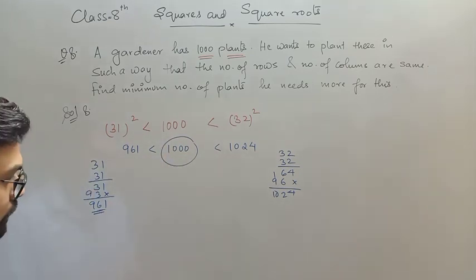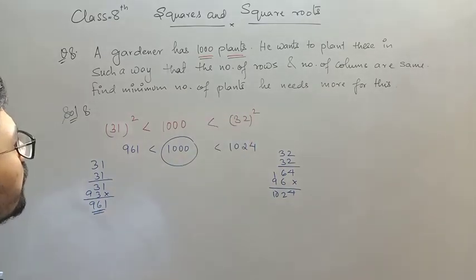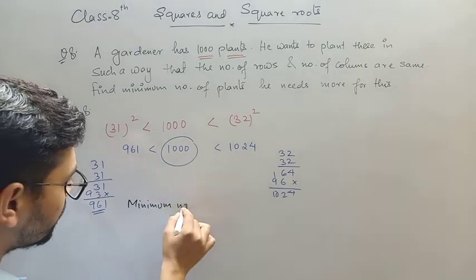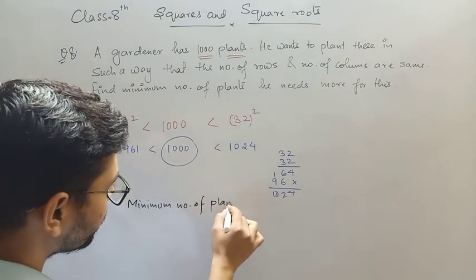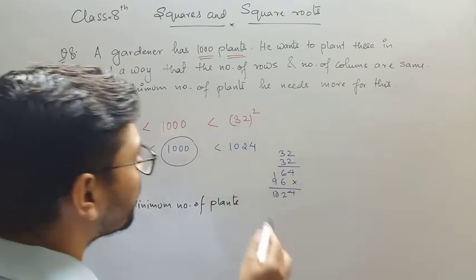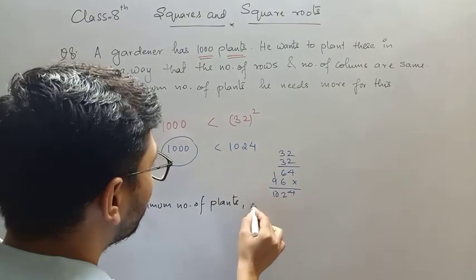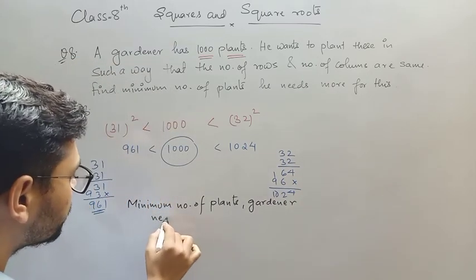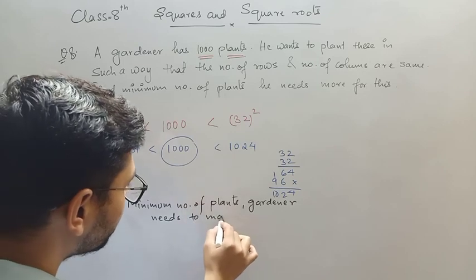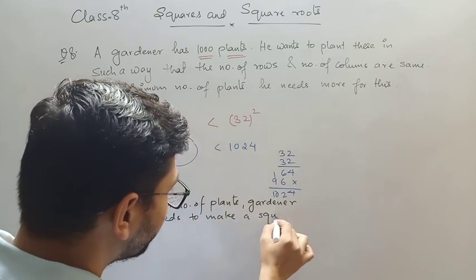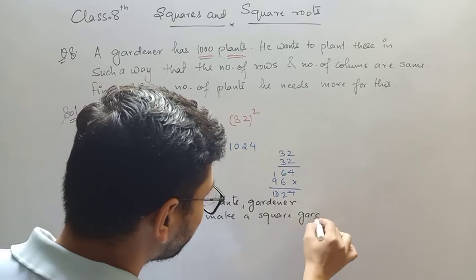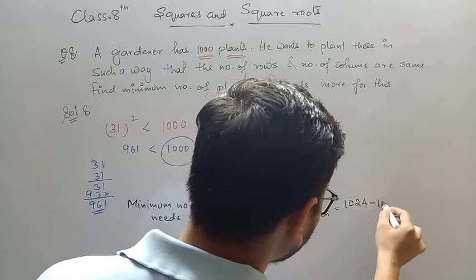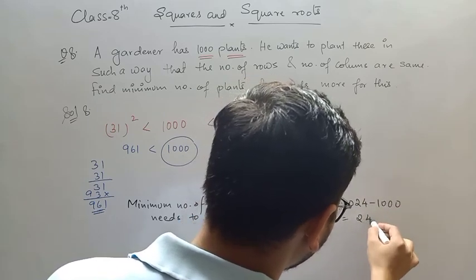So what you will do? Minimum number of plants the gardener needs to make a square garden will be equal to 1024 minus 1000, that is 24 plants.